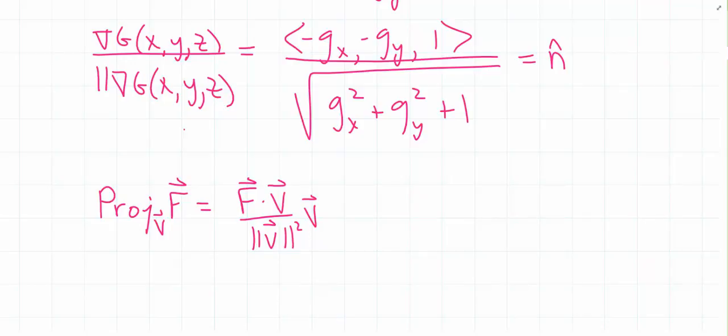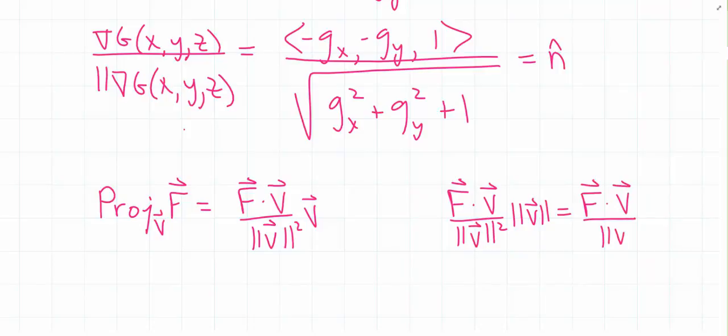Now let's take the magnitude of that. If we take the magnitude, then what we're going to get is F dot V over the magnitude of V times the magnitude of V, which is going to give us F dot V over the magnitude of V, because the magnitudes cancel there. Well, that is going to give us a unit vector.